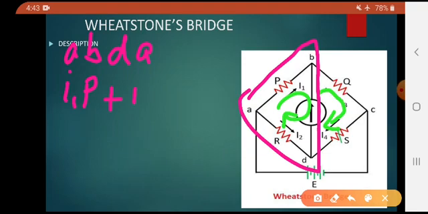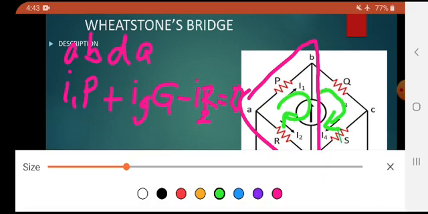One is Ig, the current passing through the galvanometer, and G is the resistance of the galvanometer, and minus I2R, because observe the I2 direction, the direction is opposite, so I am taking it as negative. So I1P plus IgG minus I2R equals 0. This is for the first loop.